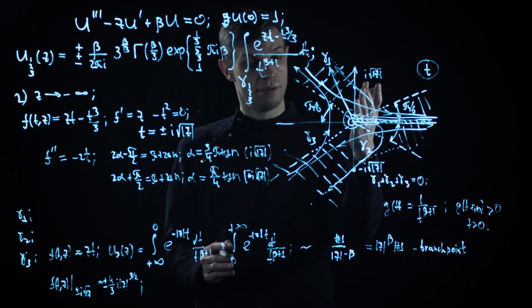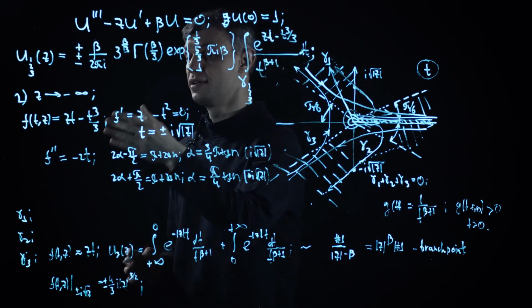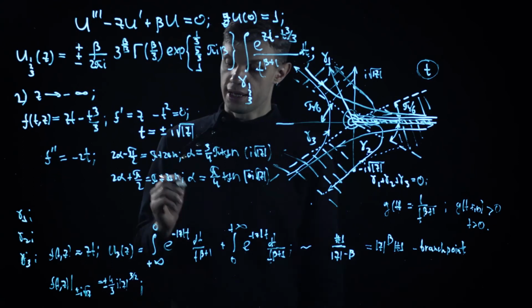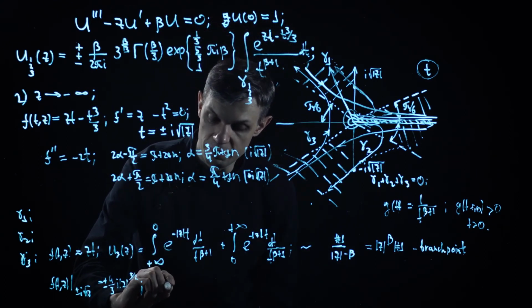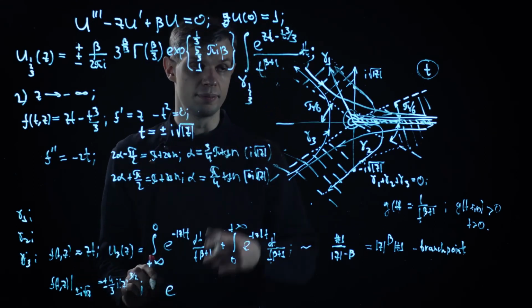So each saddle gives a complex conjugate expression, and the final answer will be proportional to the contribution of both of them.